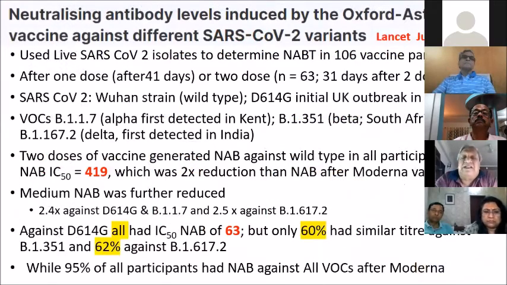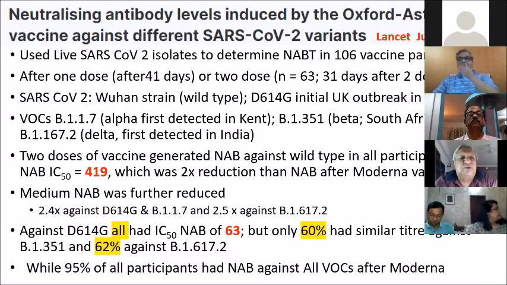This is an important study recently published on June 28 about AstraZeneca, that is Covishield. In London, they used live SARS-CoV-2 isolates to determine neutralizing antibodies in 106 vaccine recipients, some after one dose and others after two doses. The strains used were the Wuhan strain, the wild type, then D614G, which caused the initial outbreak in 2020.